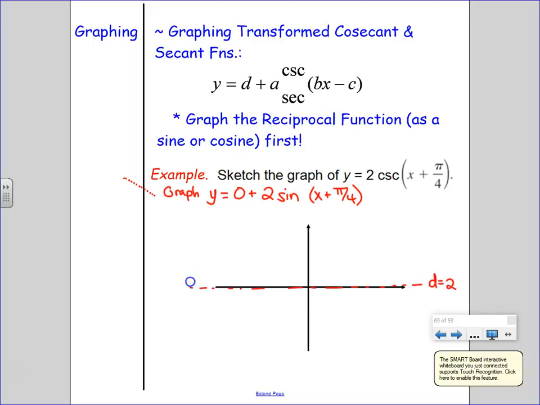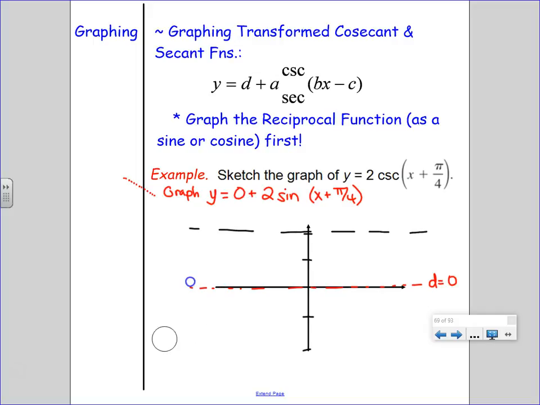D equals 0, means what? y equals 0, that's our middle. Now what do we do with the 2? It's called our amplitude. Go up to, down to. We have our upper bound and our lower bound. Okay, cool, so far?